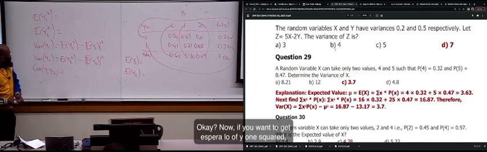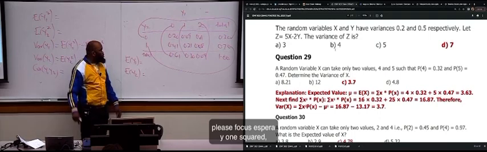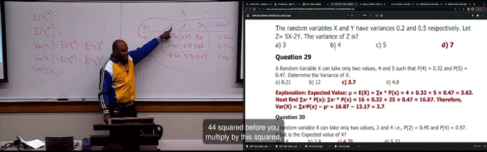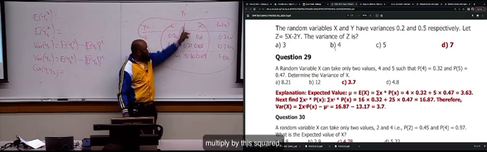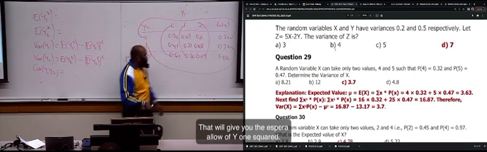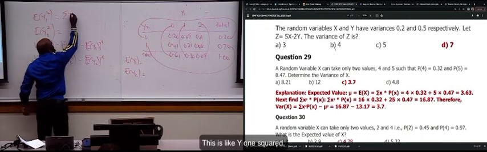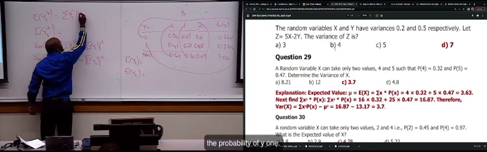Now, if you want to get the expected value of y1 squared, please focus. You first square this before you multiply by this, square this, multiply by this, square that, multiply by that, and you add them up. That will give you the expected value of y1 squared. So this is like y1 squared times the probability of y1.